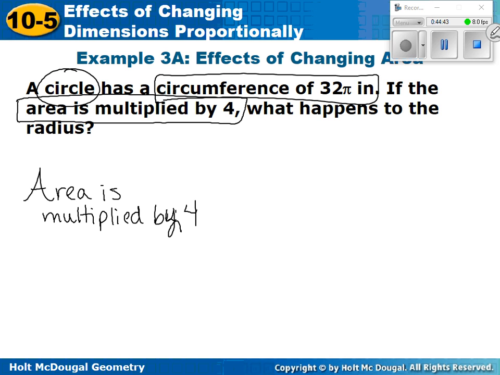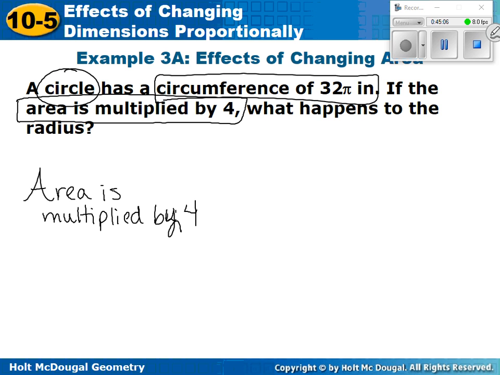Because that makes a difference. If we're changing only one dimension and the area is multiplied by 4, then the dimension was multiplied by 4. But if all of the dimensions are being changed by a squared, or our area is a squared, then that means our dimension is a.